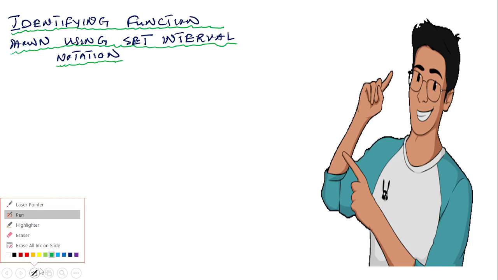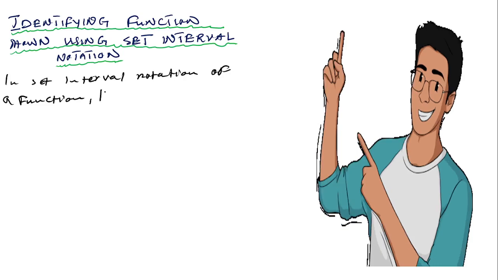the function f of x is equal to, let's say, open brackets, a comma b, close brackets.